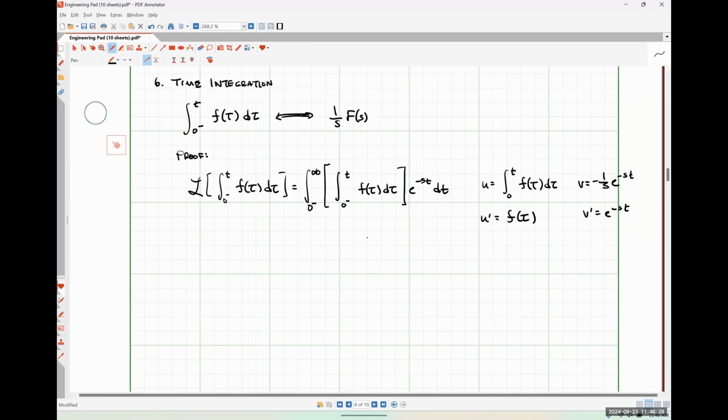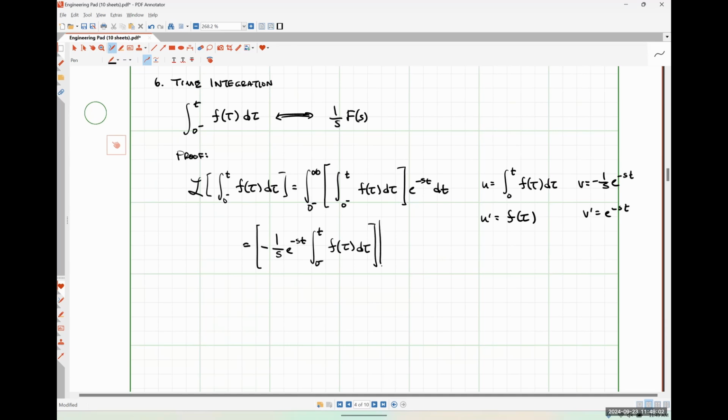So applying integration by parts, I'm going to scooch my equal sign over here a smidge. So I would have u times v, so that's going to look like negative 1 over s e to the negative st, multiplying by u, so 0 minus to t of f of tau d tau.